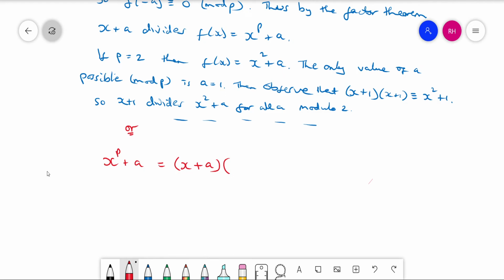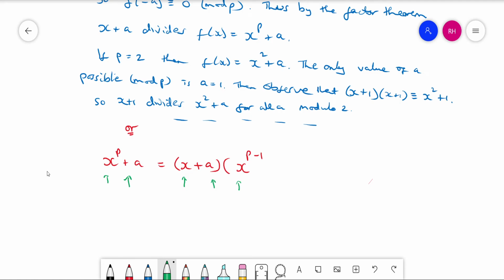Well, I've got an x here, and we need x to the p, so I better make this term x to the p minus 1. Now once I do that, I'm going to have to multiply this by this, which will give me a x to the power of p minus 1, which I don't want because I don't have it over here.